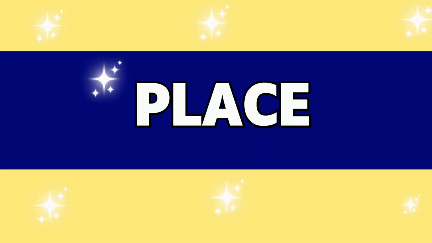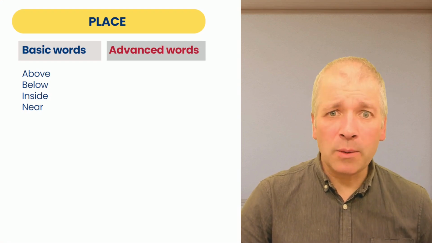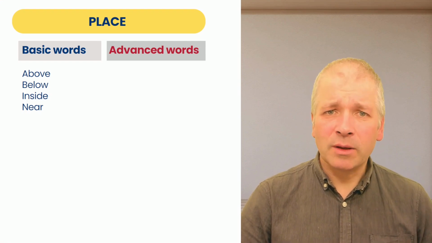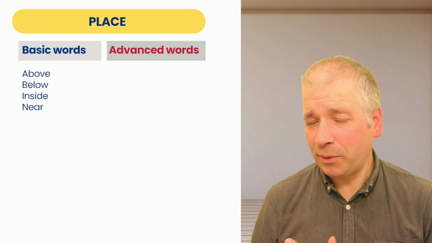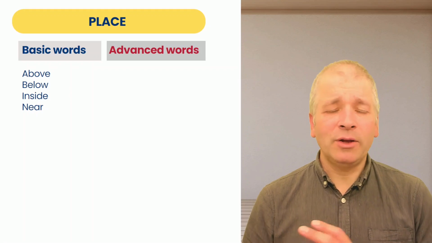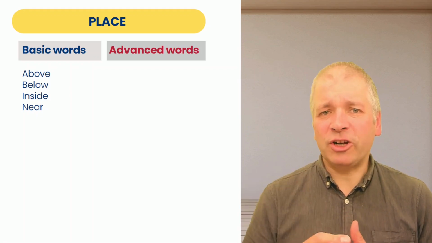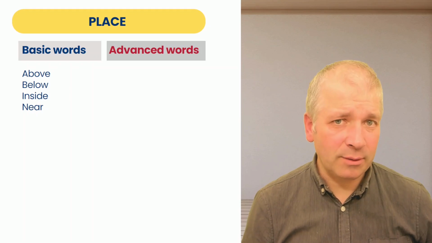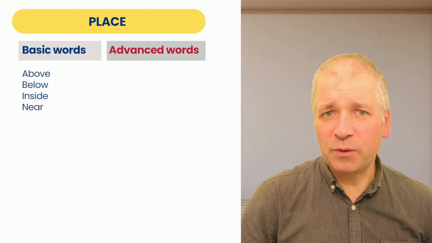Adverbs of place. Some common adverbs of place could include above, below, inside or near. Sometimes adverbs of place can also be prepositions of place, but remember that an adverb will describe a verb or an adjective or a whole sentence, whereas a preposition wouldn't necessarily do some of those things.